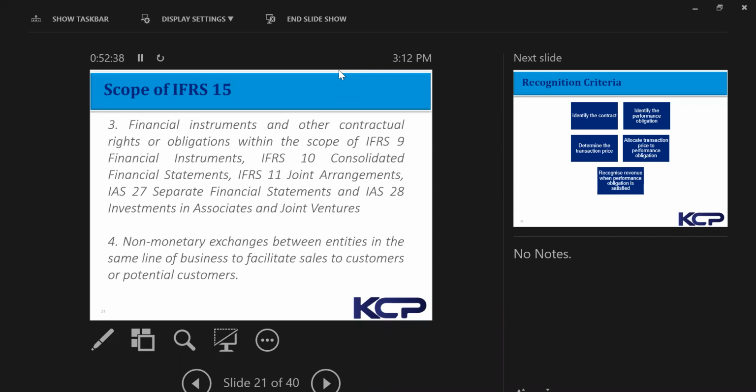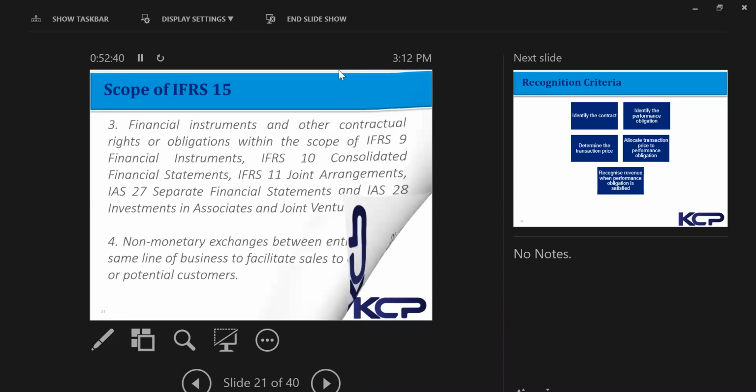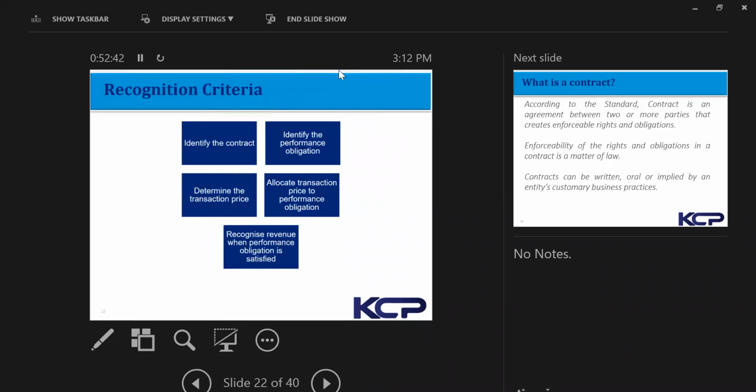We'll talk about it as we go on. Okay, then that takes care of what the standard covers. Anything outside those exceptions, then IFRS 15 is applicable. So irrespective of those exceptions, its application is still very broad.